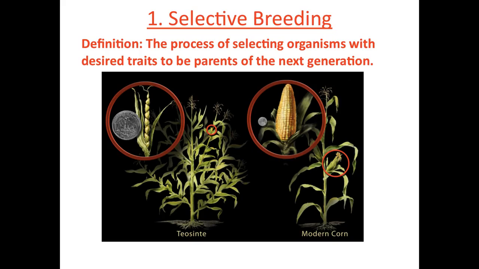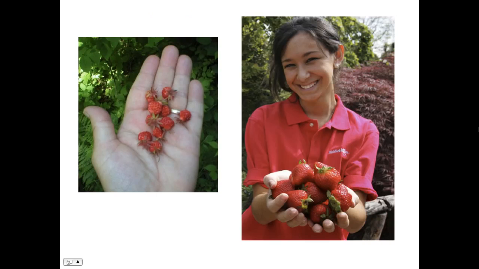And we repeated this over many, many generations, and eventually ended up with the large modern corn cob. Similarly, with another produce plant, we have wild strawberries here, and through selective breeding, we have the modern strawberry that's raised in farms, much, much bigger.